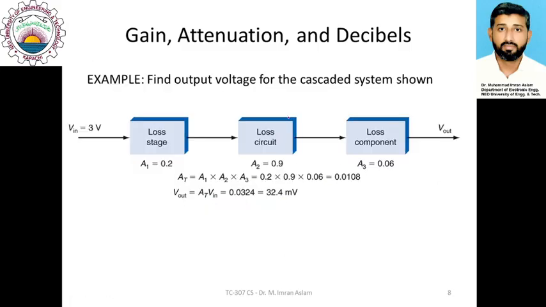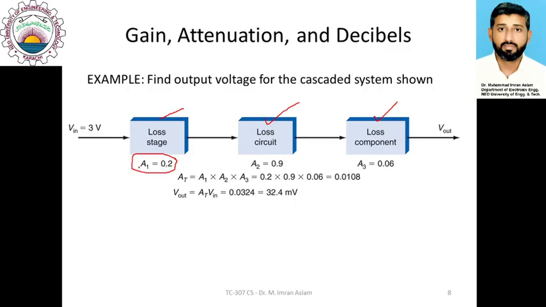So say for example, we have a simple block diagram illustrated here. We have different attenuators available here. You can see that this overall system comprises 3 subsystems where each subsystem has a certain sort of loss or attenuation, but I have represented them as gain A, which is less than 1.